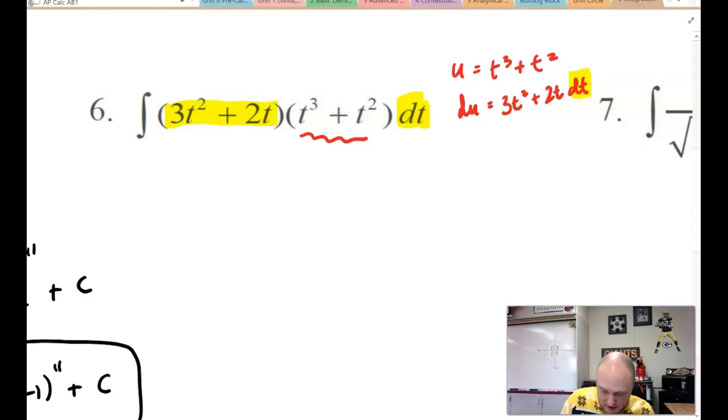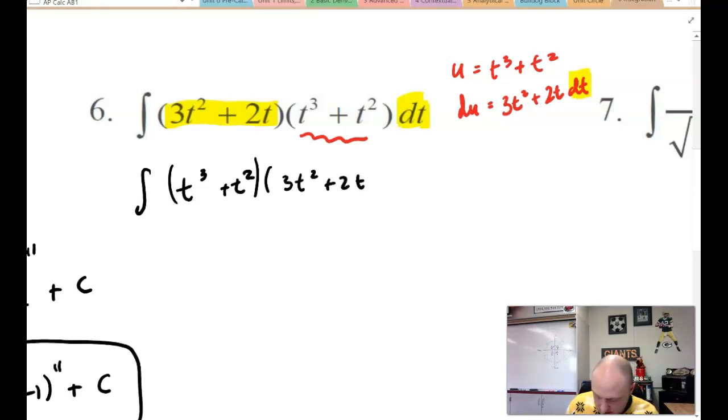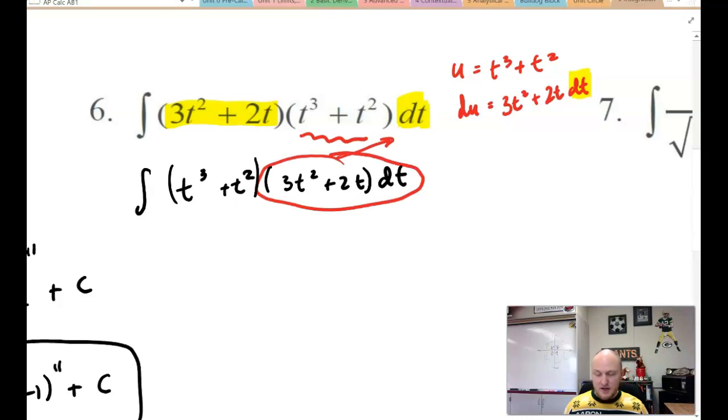I do. So let me go ahead and restructure this. So I have (t cubed plus t squared) times (3t squared plus 2t) dt. And then here is our hook-on factor, which when I integrate, that's going to go away. And essentially, I'm integrating this form, the integral of u du.